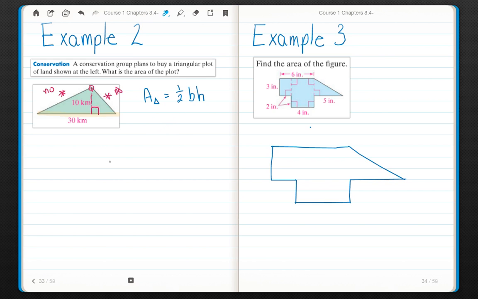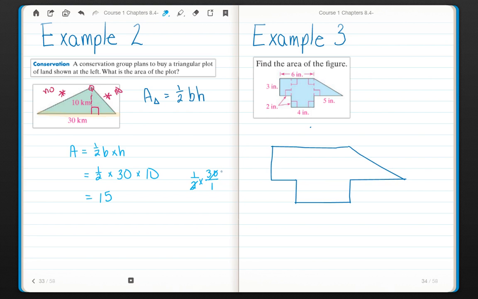So in this case, my base equals 30. Area equals 1/2 base times height, so equals 1/2 times 30 times the height, which is 10. 1/2 times 30 is 15, because that's the same as 30 over 1 times 1 over 2.